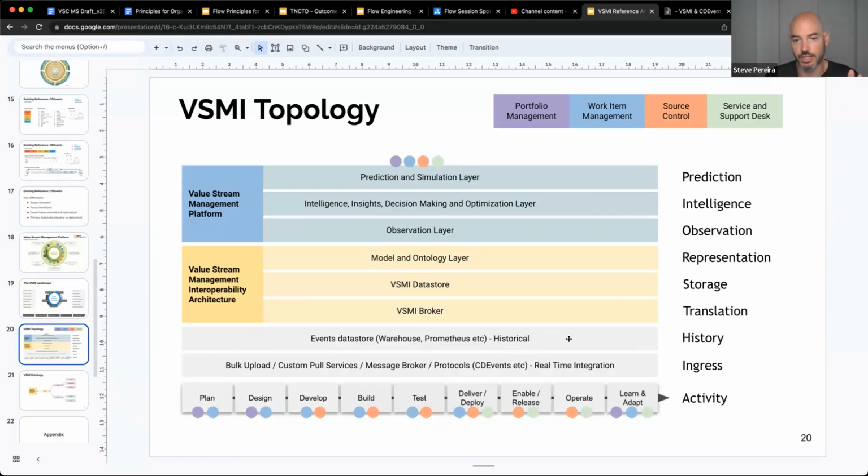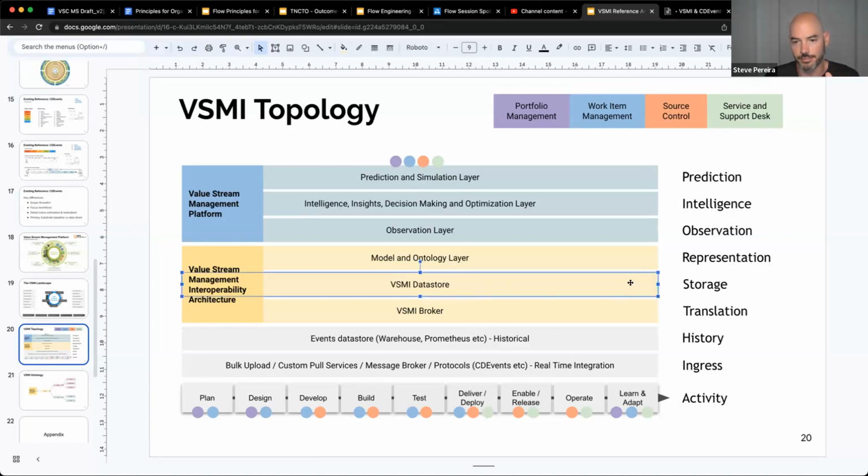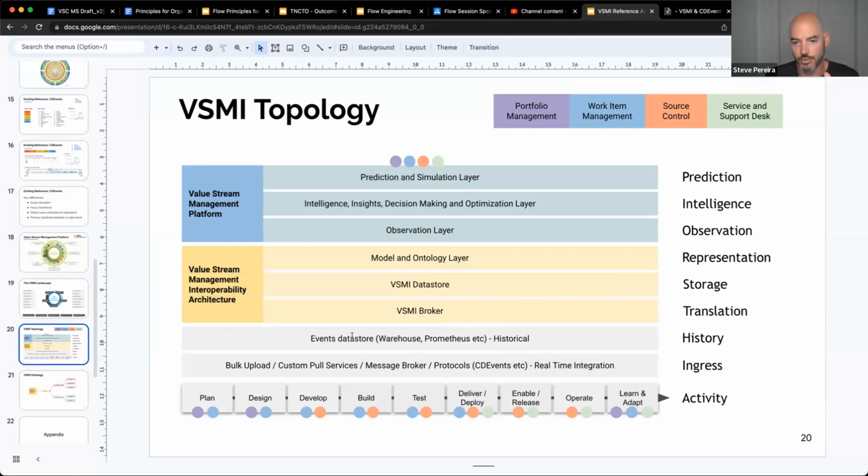I mean, part of this, I think, is what does a VSMI data store look like, which is a layer above. So basically, if you're collecting data from various sources, not all that data is really relevant to value stream management or workflow. So the broker would be collecting data that's defined as relevant.